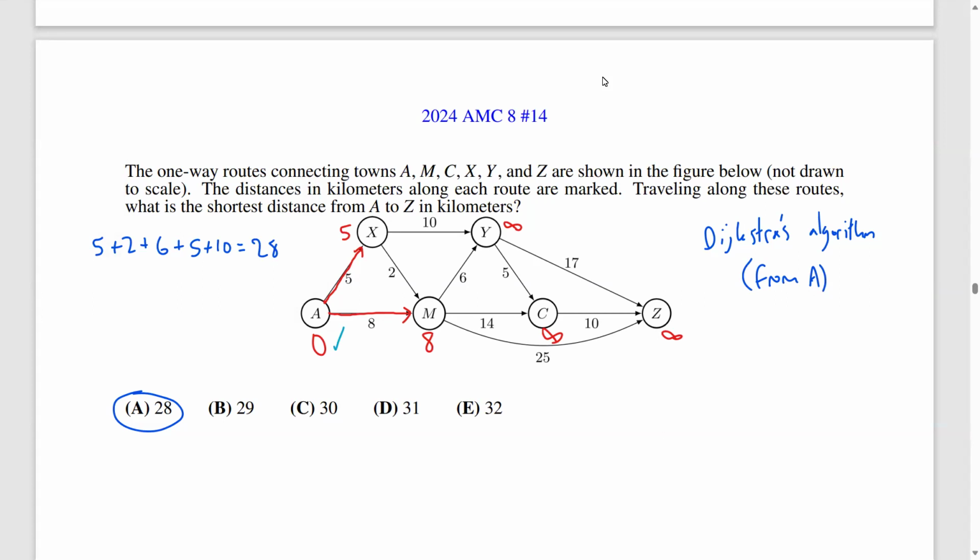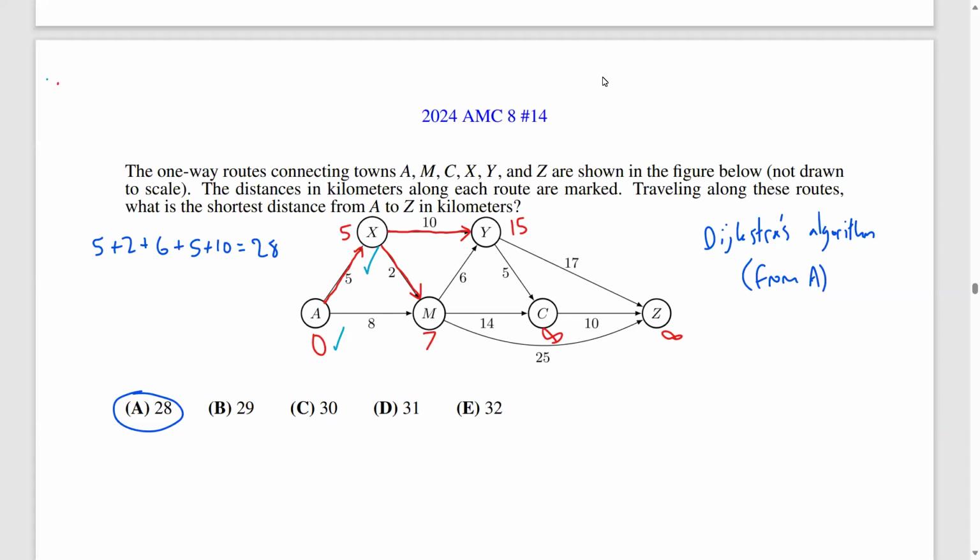We see that if we take the shortest path from A to X and then take the edge from X to M, this will improve our distance estimate and give us a shorter value for the distance from A to M. We also visit the edge X to Y. This will mean that the current distance from A to Y is 15. So now we have looked at the edges going outward from town X, so we can mark X as visited.